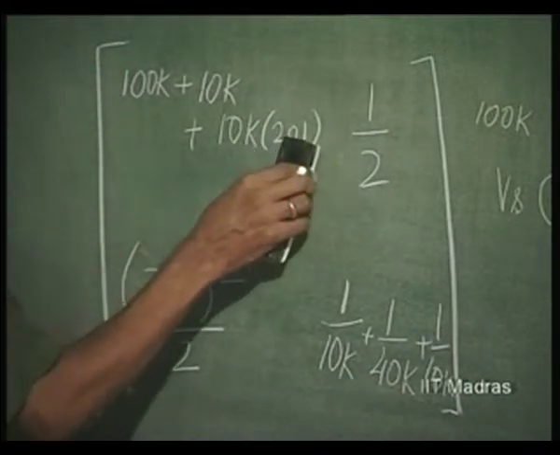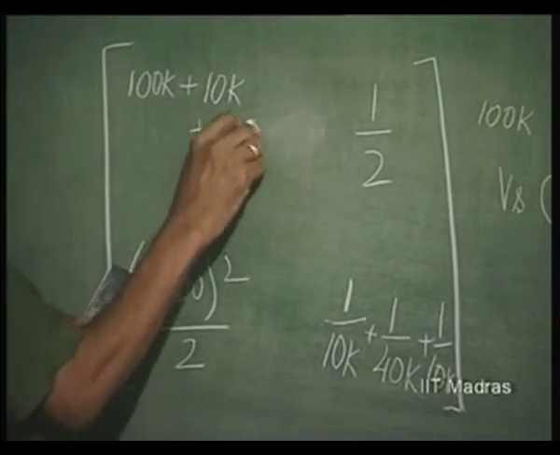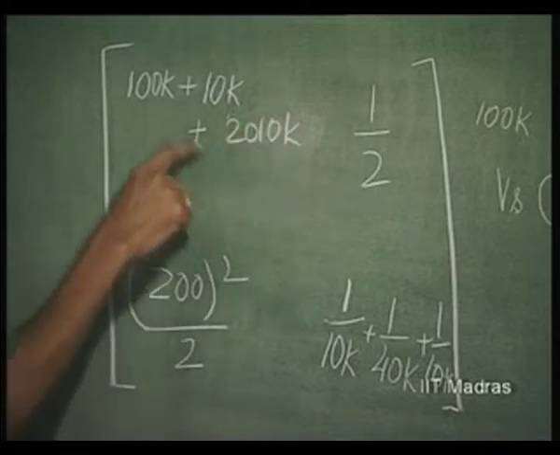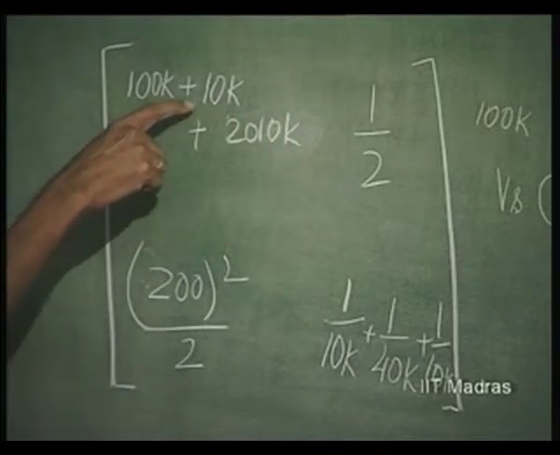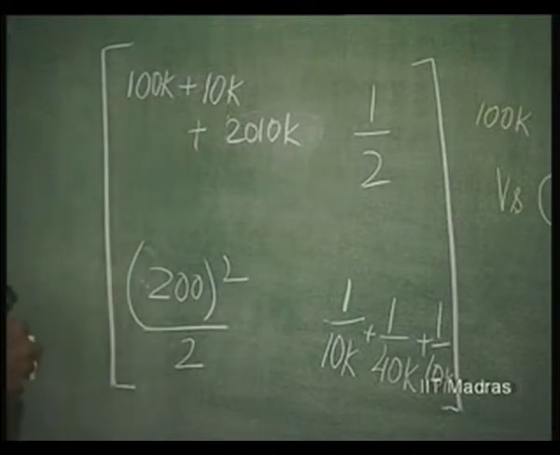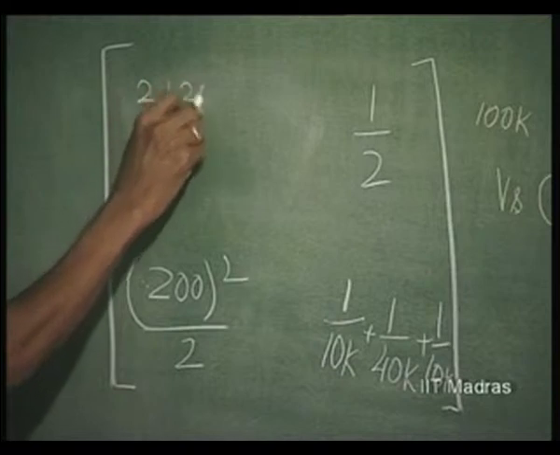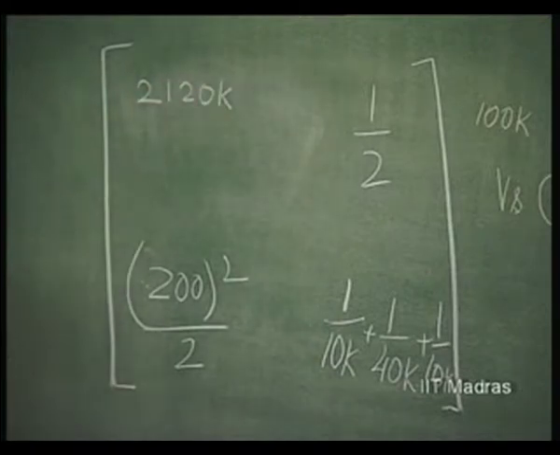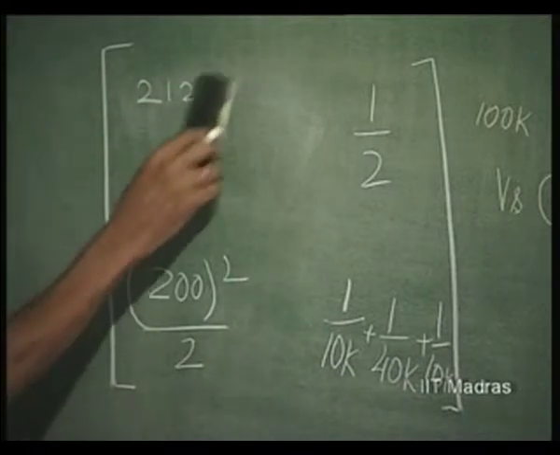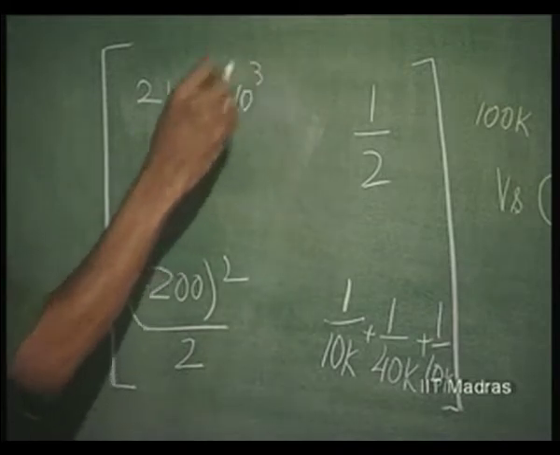This is going to be 10, this is going to be 20, 20, 10K. Right. So, 2020, 2120 K. So, this is pretty high, you can see already.